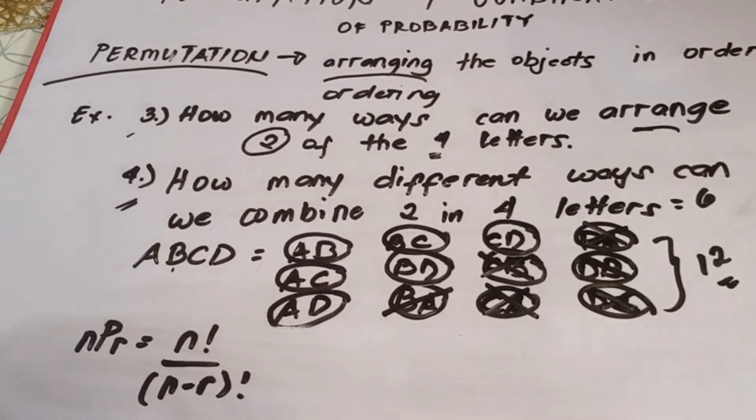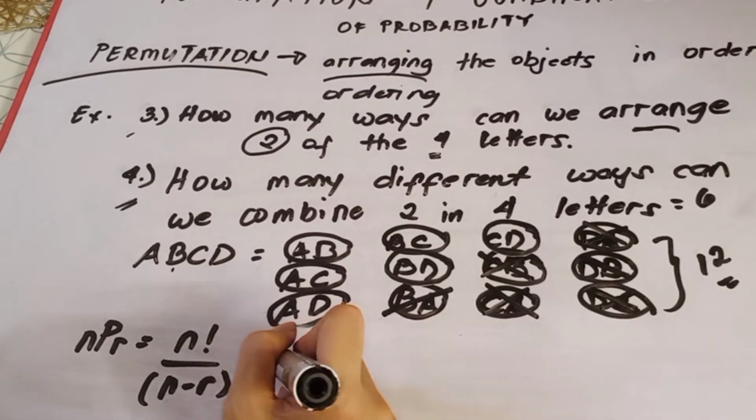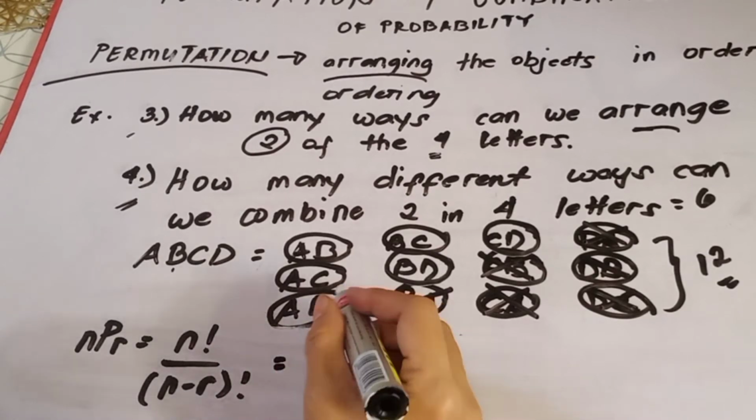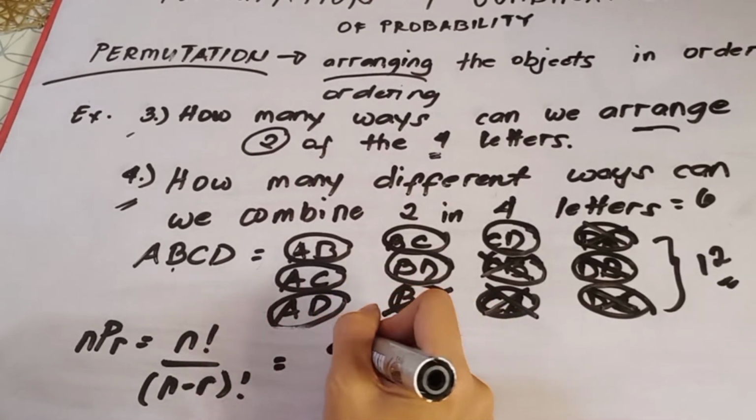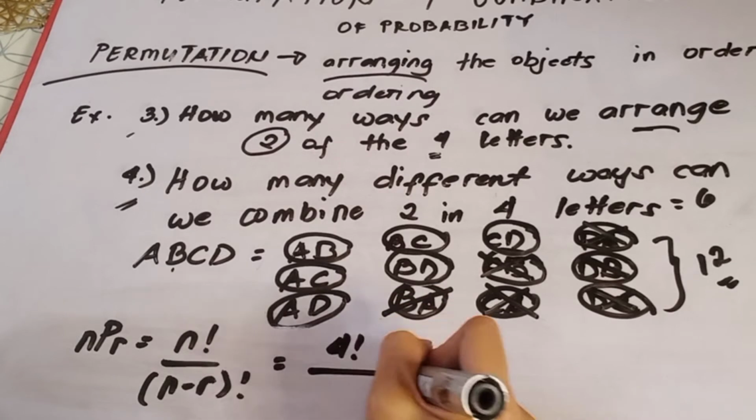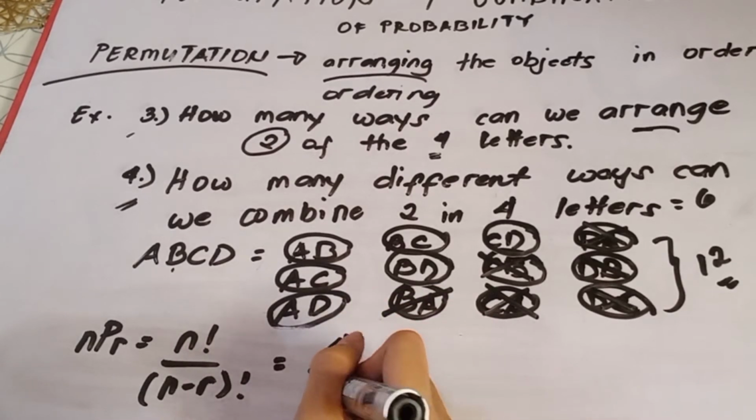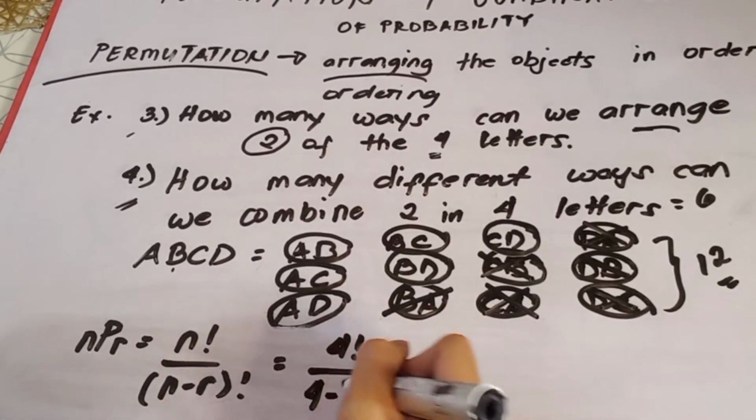So in our example number 3, how many ways can we arrange 2 of the 4 letters? So ilan yung letters na sinabi dun sa problem natin nakasama? That is 4 letters. So therefore, that is 4 factorial over 4, that is n minus r.